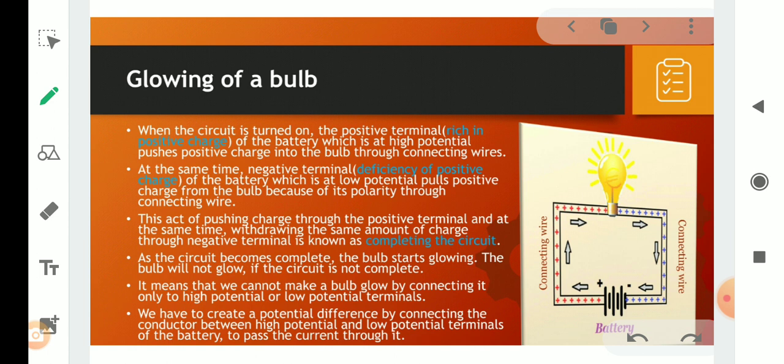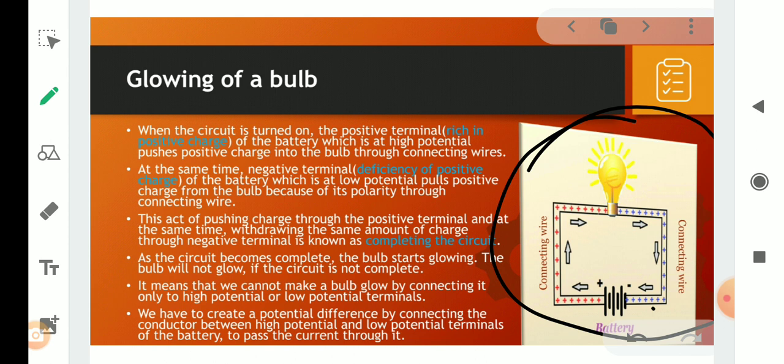You can see in this picture the battery and connecting wire connected to the bulb, where the circuit is complete. The positive terminal is connected to one end of the bulb and the negative terminal of the battery is connected to the other end of the bulb.